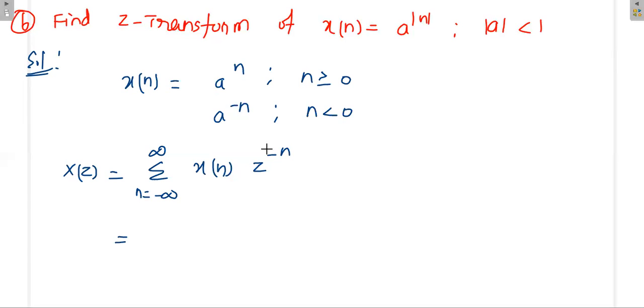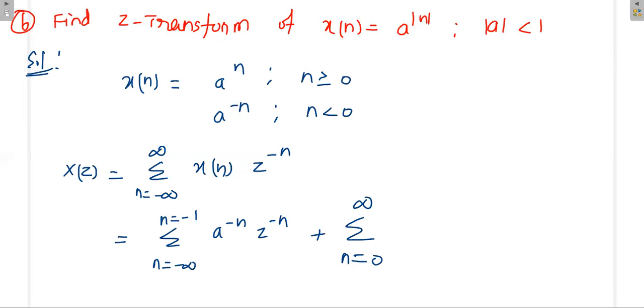Again, n goes from minus infinity to n equal to minus 1. When n is negative, we have a power minus n z power minus n, plus from n equal to 0 to infinity, we have a power n z power minus n. In the first term, the index is negative, so we change the negative index to a positive index. Wherever n is there, put minus n.